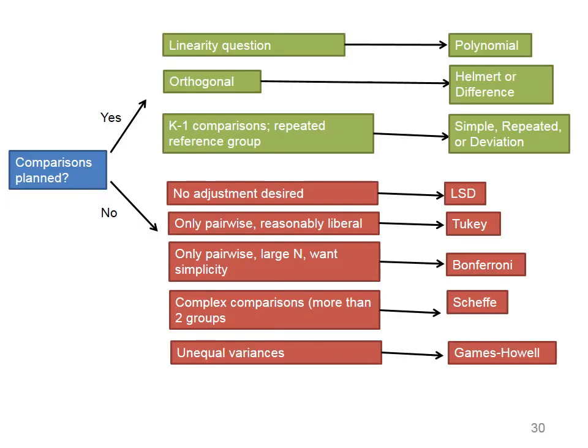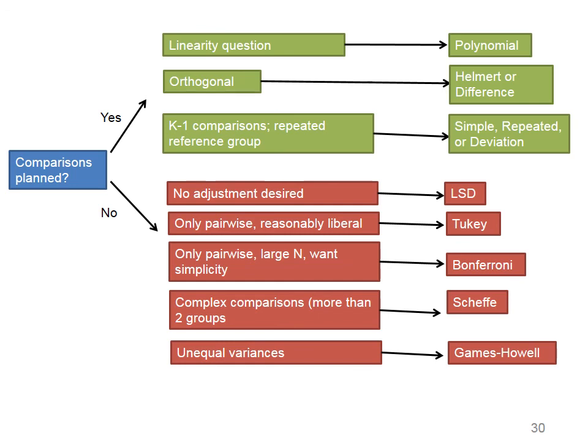Linking together contrasts and post hocs, this summarizes everything we've been saying these last 2 weeks. So, if your comparisons are planned, then if your questions are about linearity of the differences, you want to do orthogonal polynomials. If there are k minus 1 contrasts that can be represented orthogonally, like in the Viagra study, you want to use Helmert or difference.